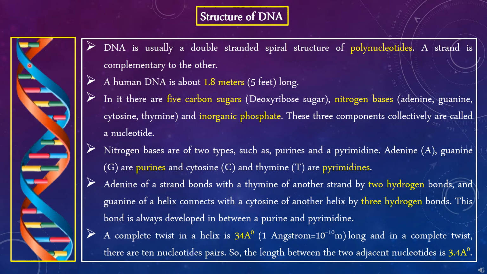Now what is a nucleotide? A nucleotide is composed of deoxyribose sugar, a nitrogen base and an inorganic phosphate. You will get 10 pairs of nucleotides in a complete twist or complete turn of a DNA structure.